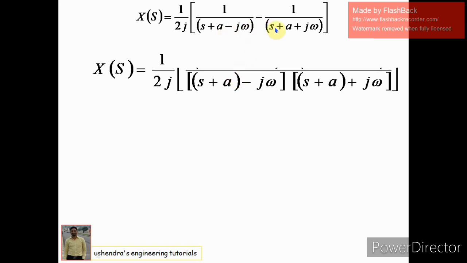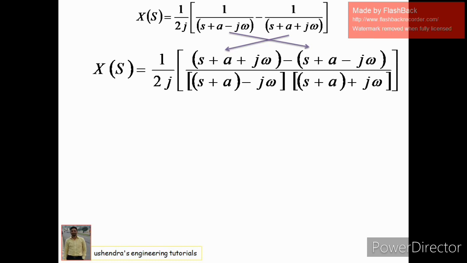The denominators are multiplied over here, and cross multiplying, the numerators will be (s plus a plus j omega) from this term, and minus (s plus a minus j omega) from this term. That first term is from the left side, and this is how these terms come into existence.